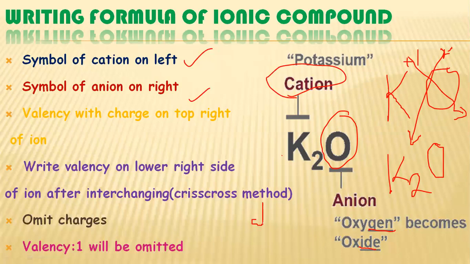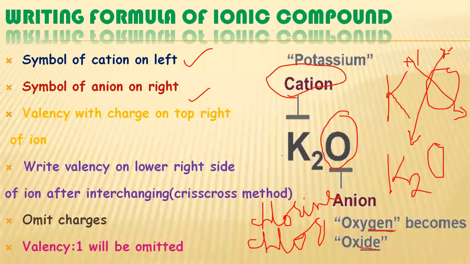Like we change chlorine into chloride. So we'll write here chloride in place of chlorine. Like oxygen, oxide, hydrogen, hydride. If hydride, H will come here on this side as an anion, so we'll write hydride.